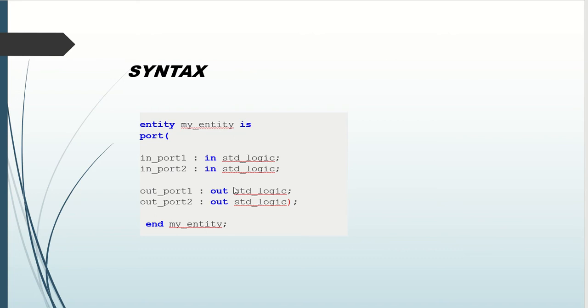Is the same as the input. out_port1. Out is an output signal. std_logic is a data type that is already stored in the library. Every statement ends with a semicolon. The declaration ends with end name.